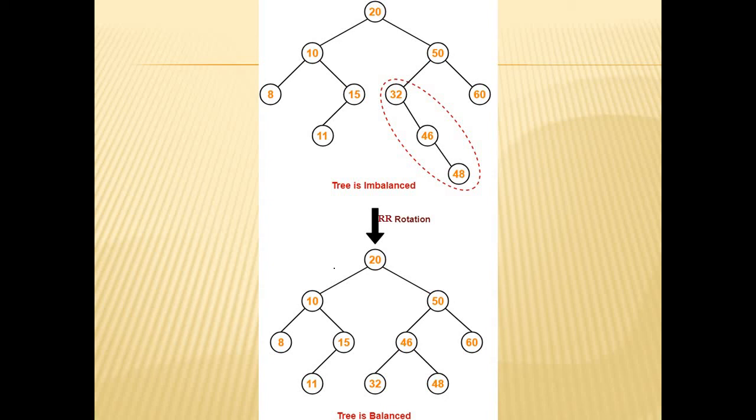The height of the tree is 1, 2, 3 on the left hand side, and the right hand side is also 3. 3 minus 3, 0. So it is balanced and the elements are also completed. So this is the way of constructing an AVL tree.